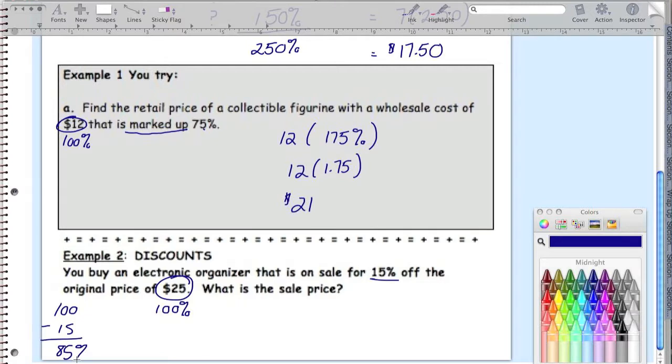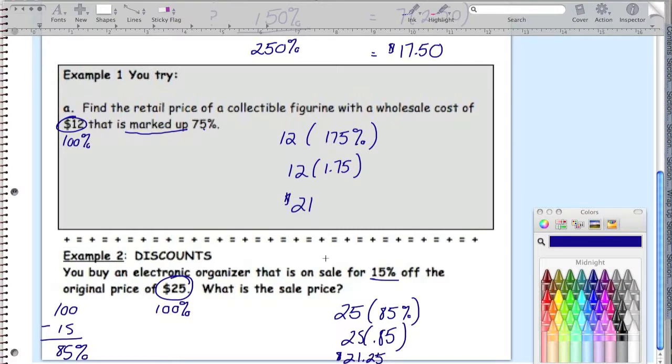So it's going to be 85% of our price. So we're going to do 25 was the original amount of electronic organizer times 85%, or really that's 25 times 0.85 as a decimal, and the bill is going to come to $21.25. That's how much is charged.